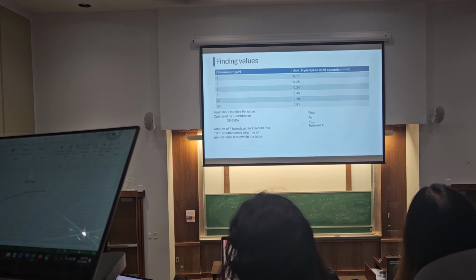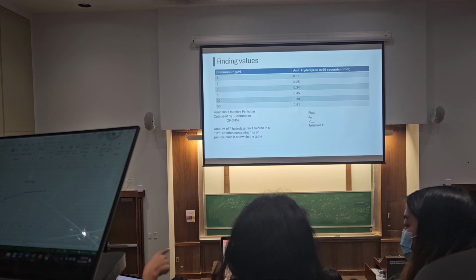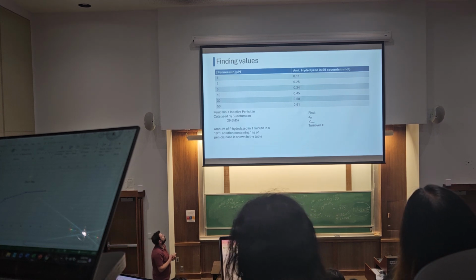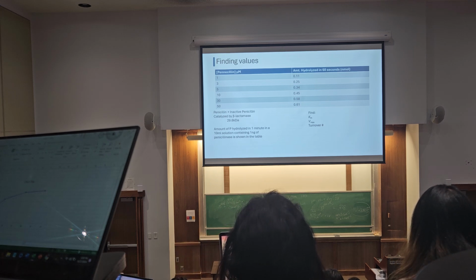0.25. How did you get to 0.25? You put what into Google Sheets? Okay, so we put 1, 3, 5, 10, 30, 50, and 0.11, 0.25, all that in the other column.